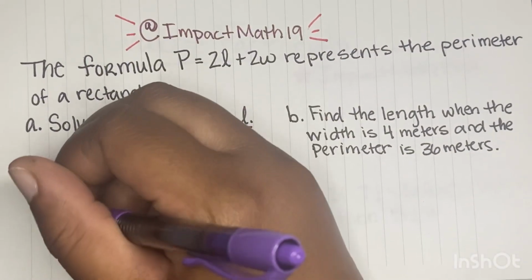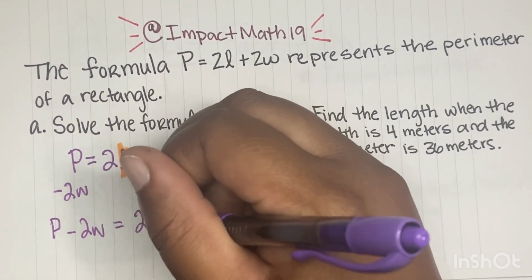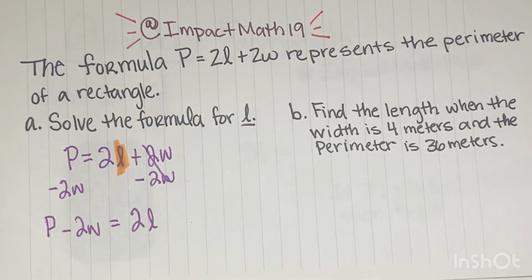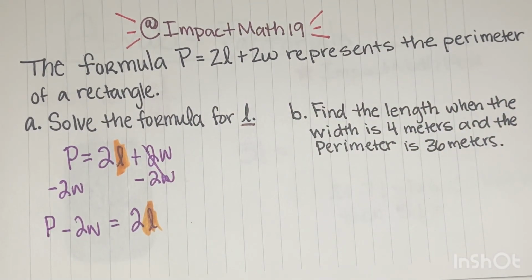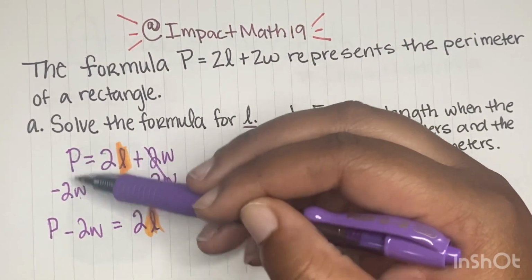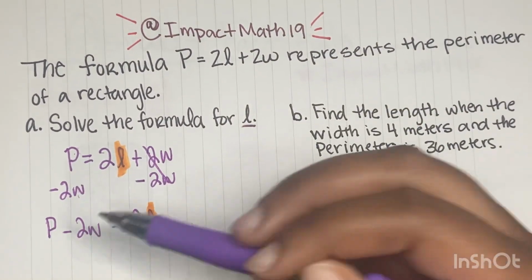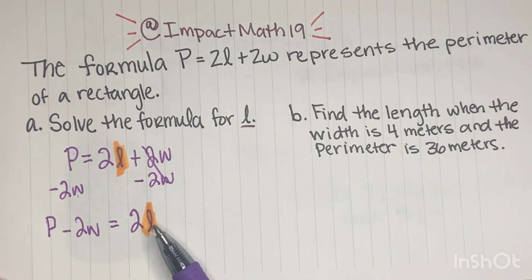So I get P minus 2W equals 2L. Because again, the P and the 2W are not like terms because they don't have the same variable. And when you don't have the same variable, you just write them right next to each other. So now, whenever you have a number attached to a letter, they're multiplied together.